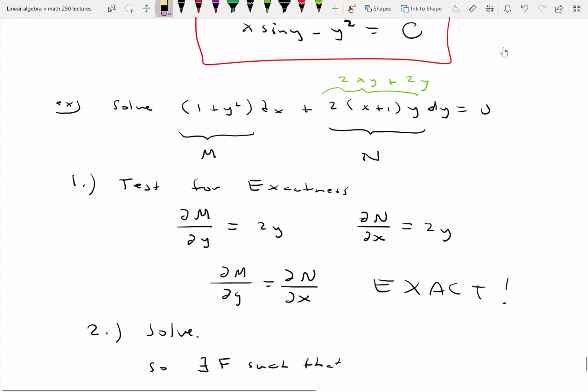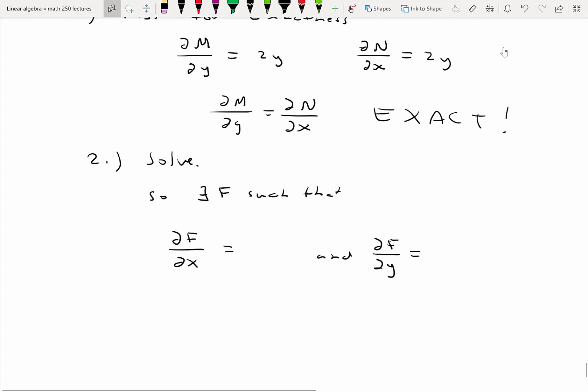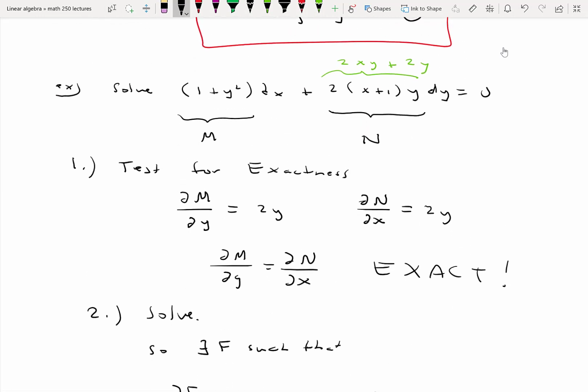The partial with respect to x is 1 + y². That was a really bad blunder. And the partial with respect to y is 2xy + 2y.